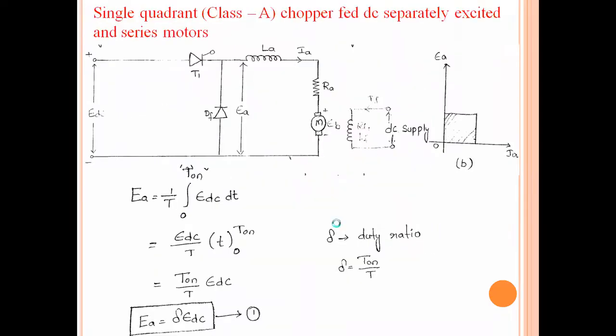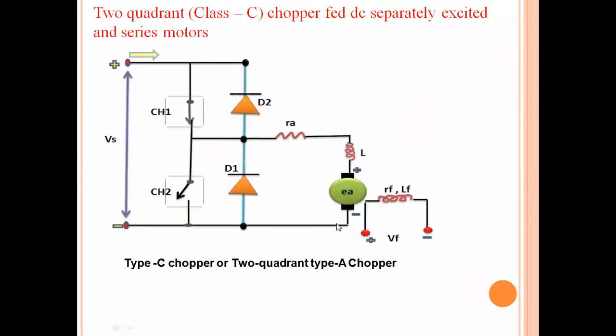Now we will see the two quadrant chopper circuit, the Class C. Here I am showing the circuit diagram of the Class C chopper, which is a two quadrant type, also called a two quadrant type A chopper.